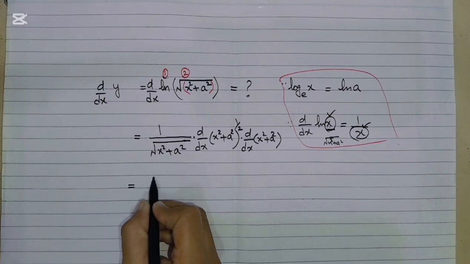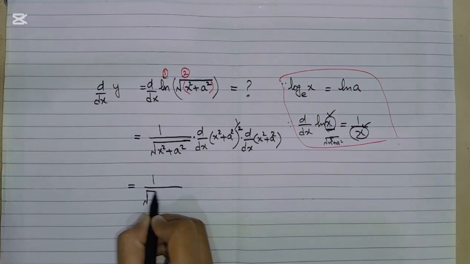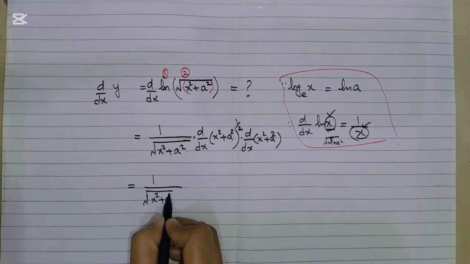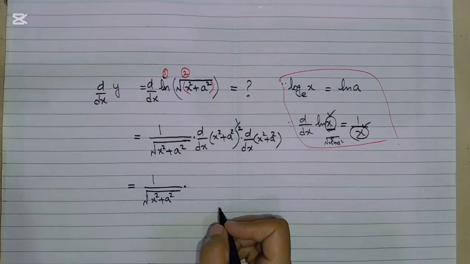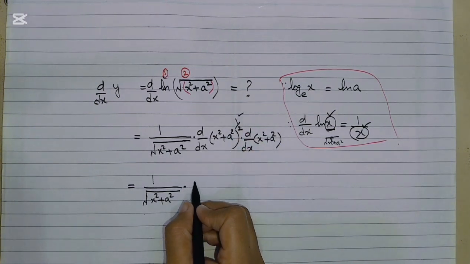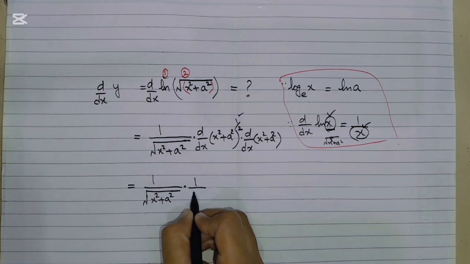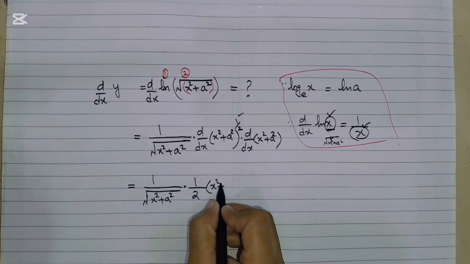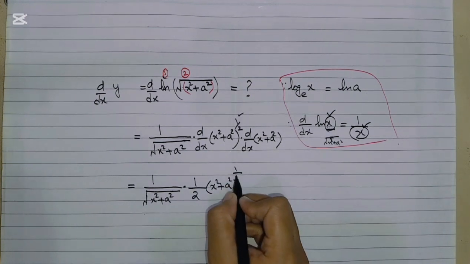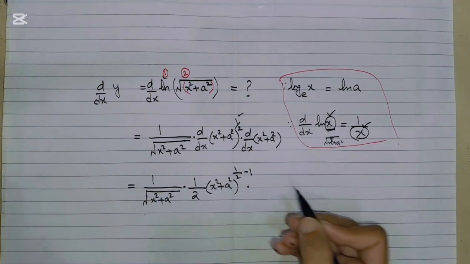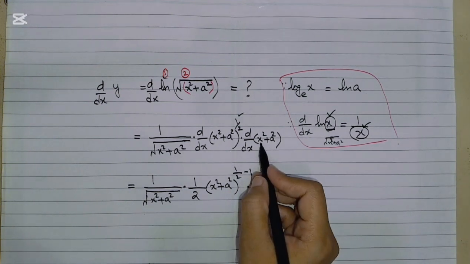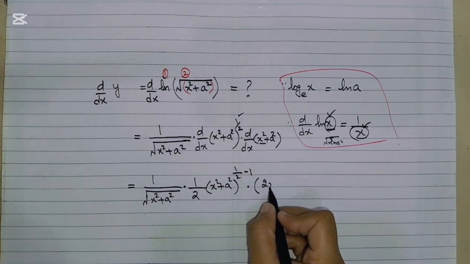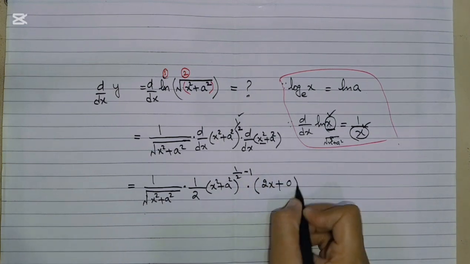Let's apply the derivative, most important question and very important steps. Derivative of this is a power, so we apply the power rule: 1 by 2 times x square plus a square to the power 1 by 2 minus 1, and then derivative of x square is 2x plus derivative of a square is 0.